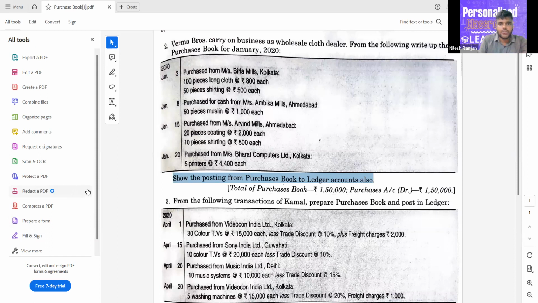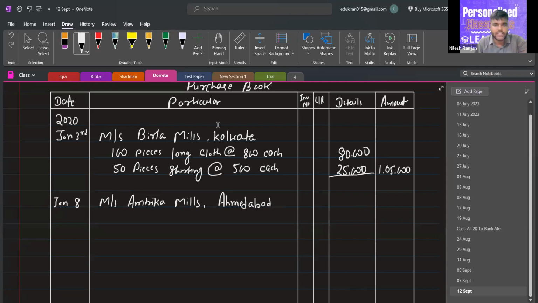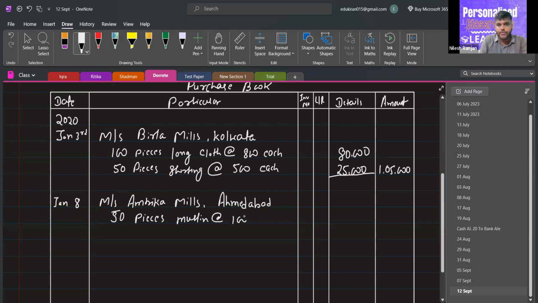After that, January 8, Messrs. Ambika Mills, Ahmedabad. So again, we will write the name of the supplier first. After that, the item name, that is 50 pieces muslin, at the rate 1000 each.